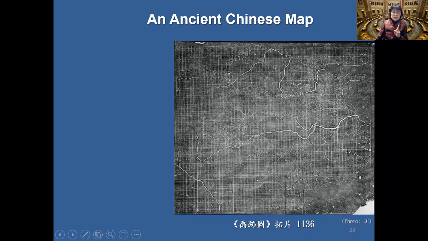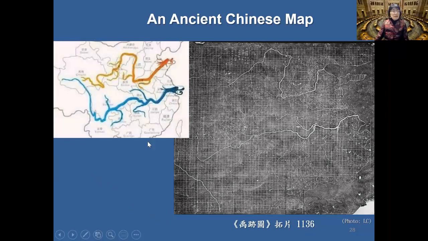Keep in mind, this was produced in the early 12th century. If you look at a map today, here's the Yellow River, here's the Yangtze River. They were so accurate. It's almost 1,000 years old, 800, 900 years old.